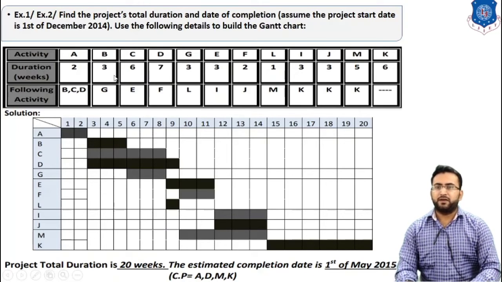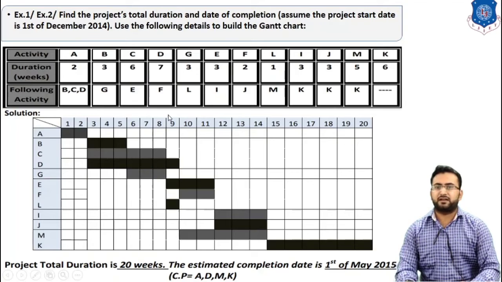Now we have to start activity G after completion of B. B is complete at 5 weeks, so we start G from the 6th week, and G is for 3 weeks, so we draw G for 3 weeks.